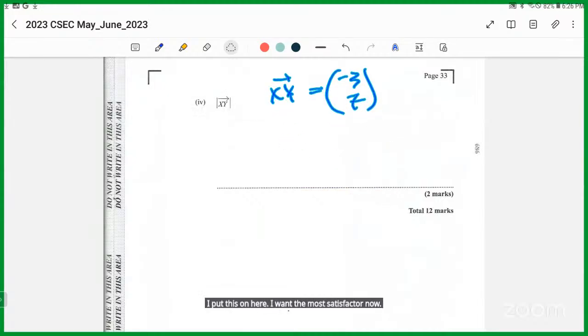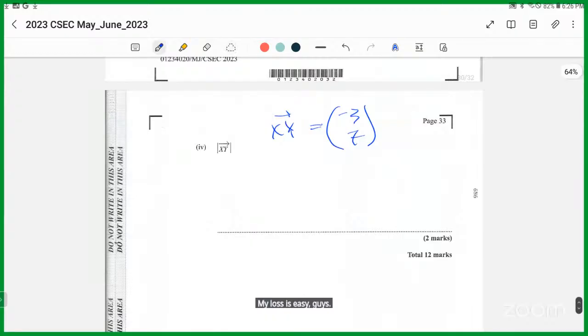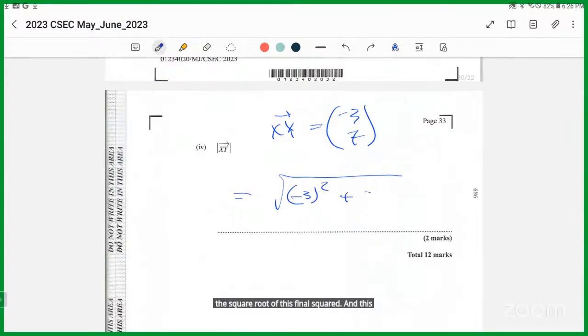Modulus is easy, guys. It's just equal to the square root of this value squared and this value squared. And you don't even need to put a negative on that.